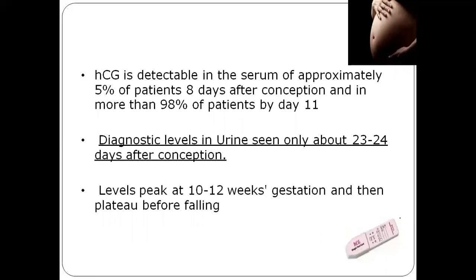Almost 1 month it may take. But to find out the presence of HCG in serum after conception, in 55% of patients we can see it within the 8 days.